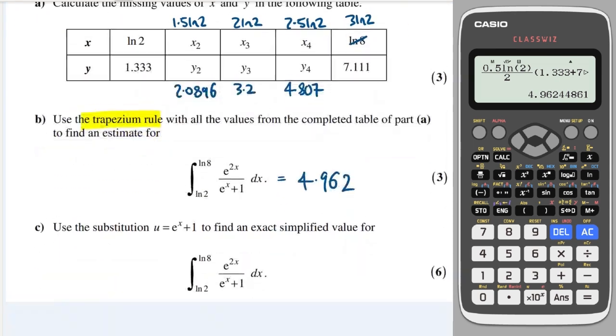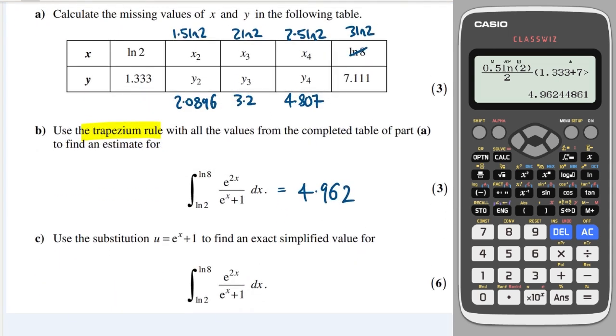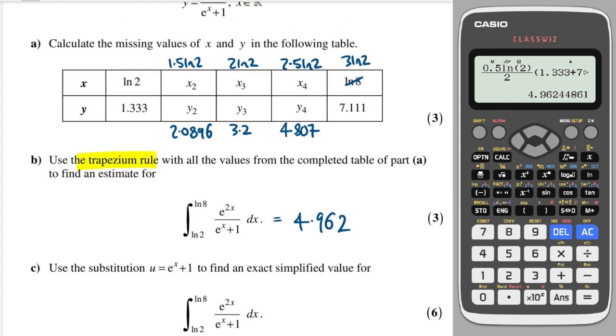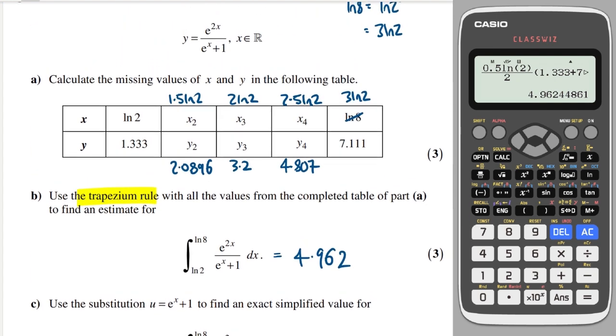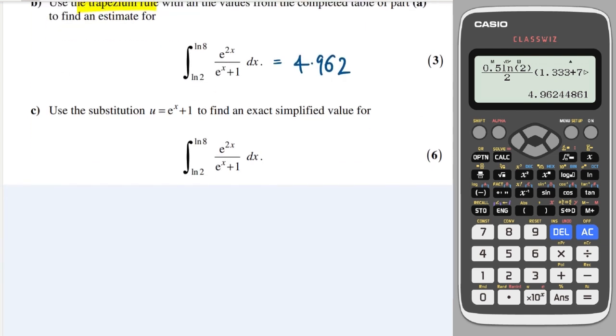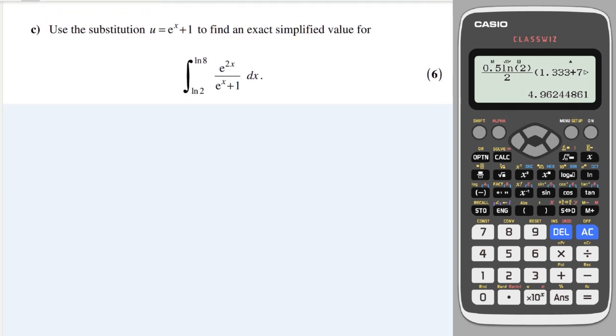Brilliant. Okay, use the substitution. This is a bit more exciting. u is equal to e to the x plus 1 to find an exact simplified value for it. Okie dokie. So with any substitution, the first thing I'll do is differentiate. So du by dx is equal to just e to the x.